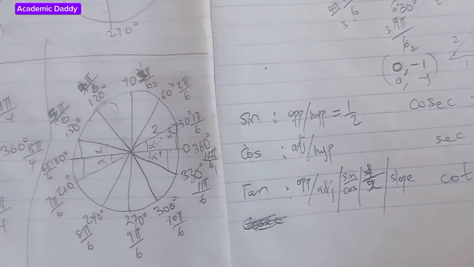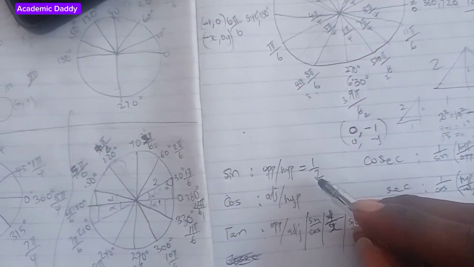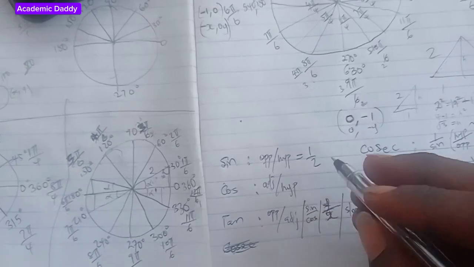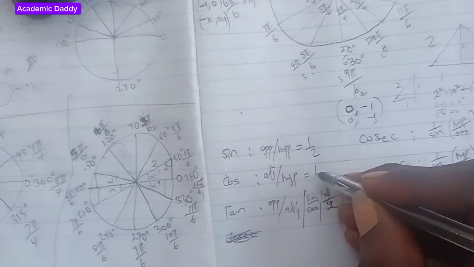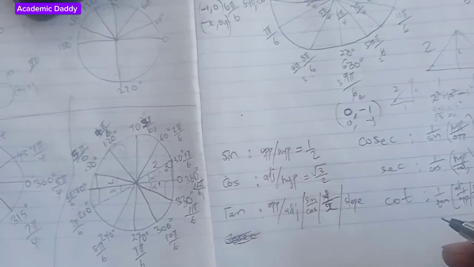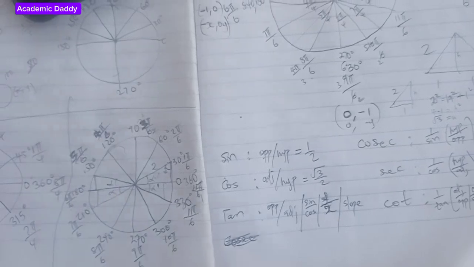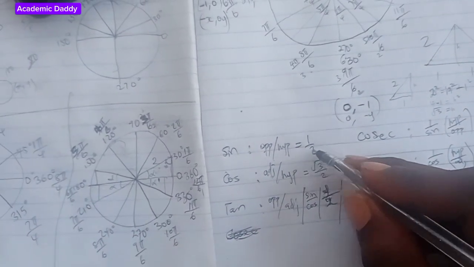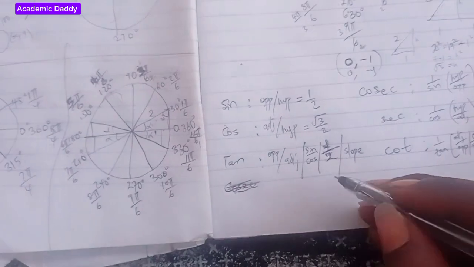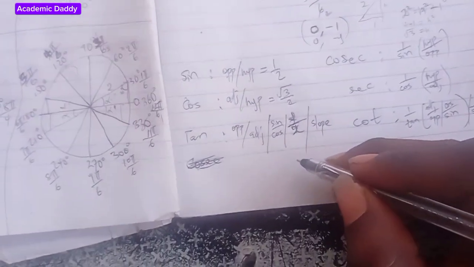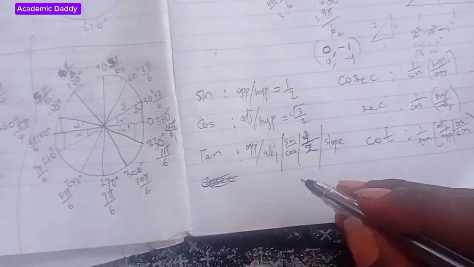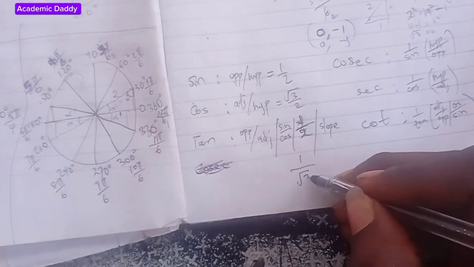And I know that anytime sine 30 is half, cos will be root 3 over 2. Then tan 30, since this is 2 and this is 2, tan 30 will simply be the same thing as saying numerator sine over numerator cos, which is 1 over root 3.